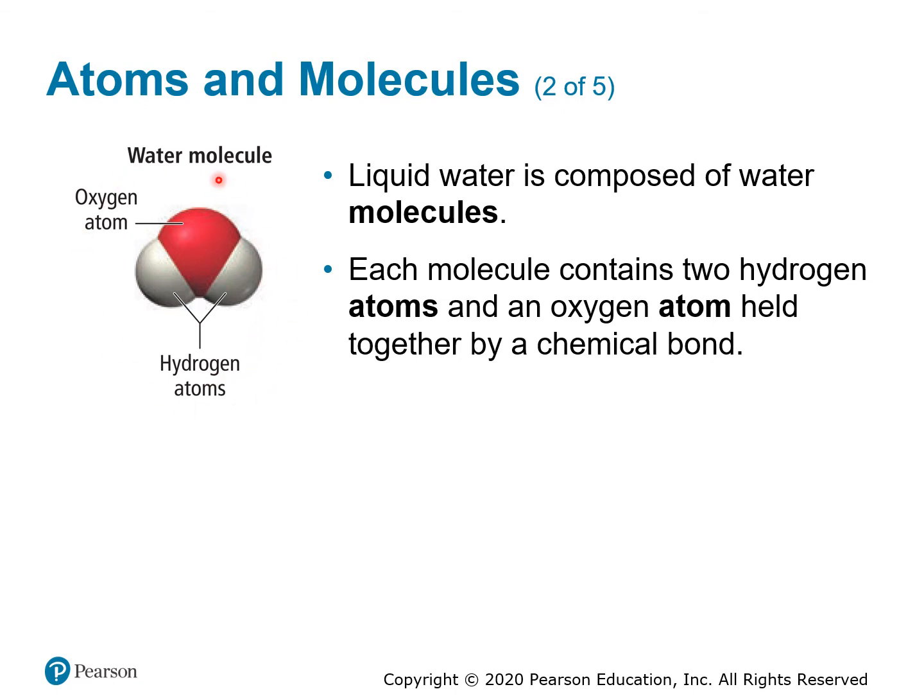Liquid water is composed of water molecules, and each molecule of water, the formula for which is H2O, contains two hydrogen atoms and one oxygen atom, which are held together by chemical bonds to form the water molecule.